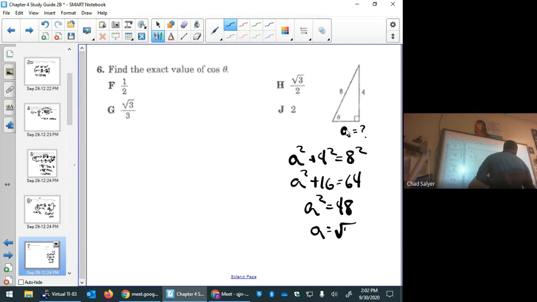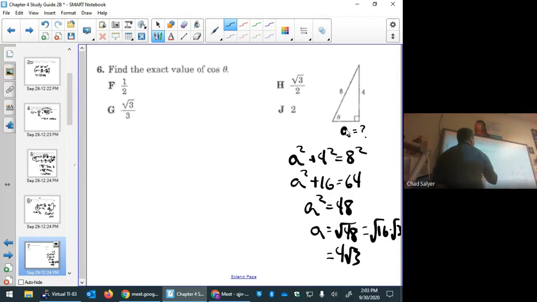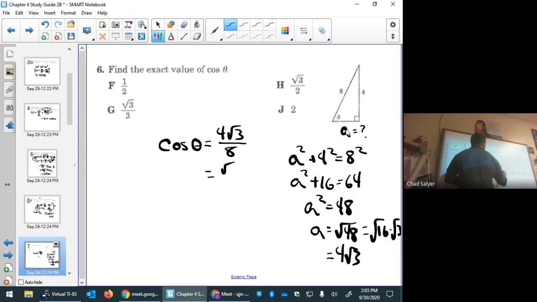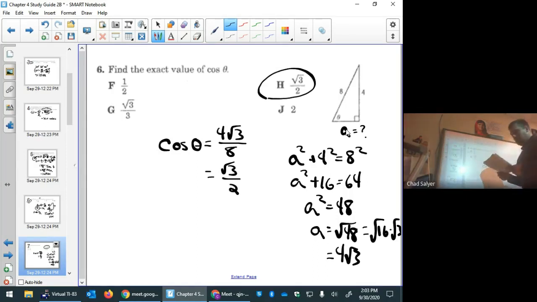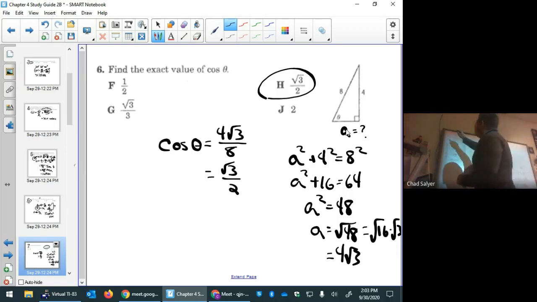And a is the square root of 48, which is not fully reduced because that's radical 16 times radical 3, which is 4 square root of 3. So that's our a value. So adjacent over hypotenuse is going to be 4 square root of 3 over 8, which is going to reduce to radical 3 over 2. H as in hotel. That's number 6. Again, stop me if you get confused about something.